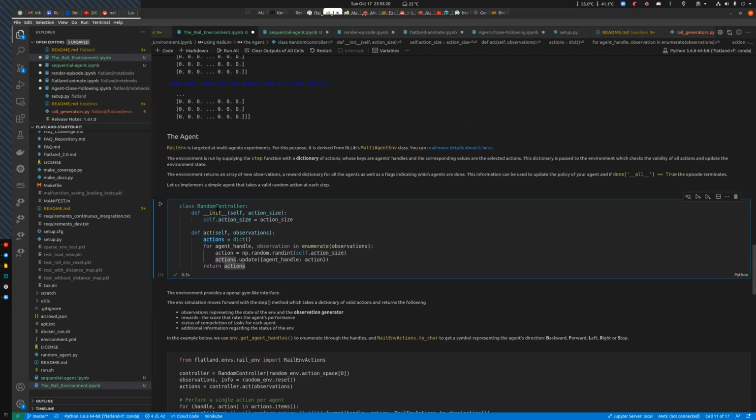So this is the random controller that we try to build, and it's simply trying to update the action, taking the observations. That's the agent handle under observation, and the agent handle is being updated depending upon the next random action it has taken.